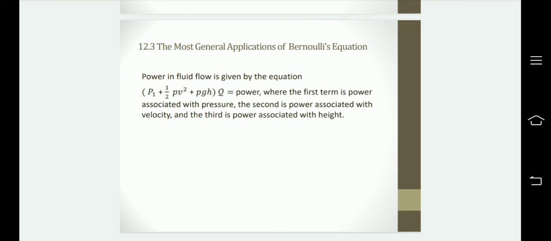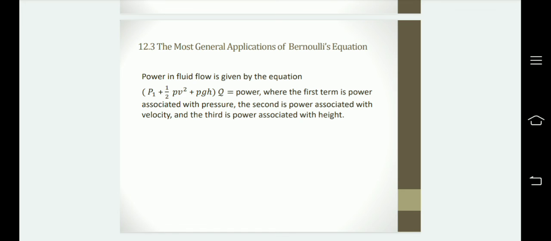Lastly, the most general applications of Bernoulli's equation. So, power is the rate at which work is done or energy in any form is used or supplied. To see the relationship of power to fluid flow, consider Bernoulli's equation, which is P plus 1/2 ρv² plus ρgh is equal to constant.